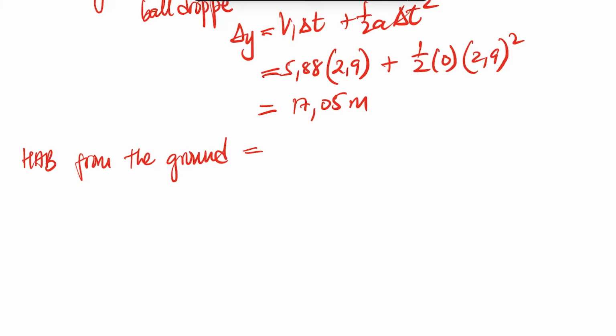It's going to be this distance that it travels, 0.45 meters, and as well the height that we calculated, 17.84. So if we punch that in the calculator, it will amount to 34.89 meters.